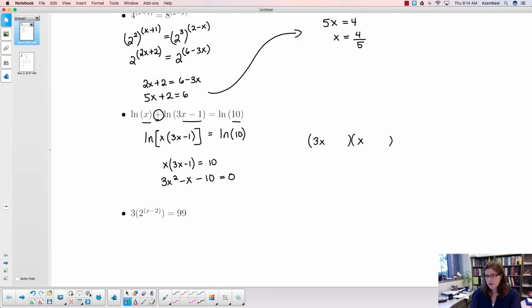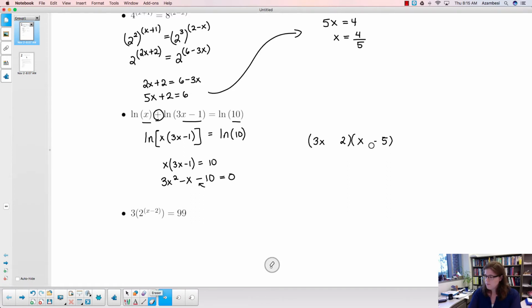Now I need my middle term to be negative, so if we were to put 2 here, 5 here, I have a positive and negative sign since my end term is negative. So if I do, say, minus 5 plus 2, then my middle term is going to end up being minus 15x plus 2x. So that does not give me negative 1.